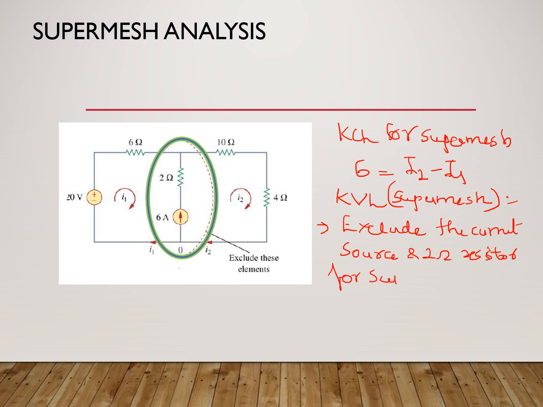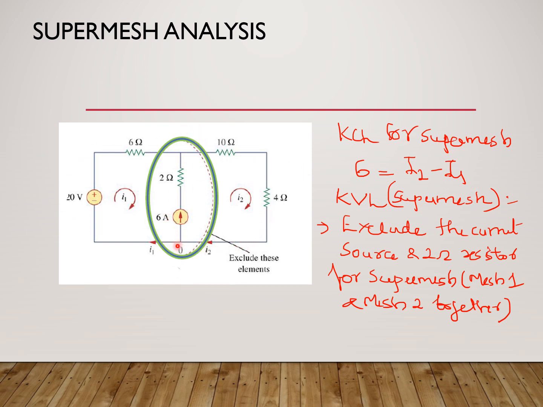So mesh 1 and mesh 2, or super mesh, which means mesh 1 and mesh 2 are considered together, right? Instead of writing a separate equation for mesh 1 and another separate equation for mesh 2, we are going to write one for mesh 1 and mesh 2 together.